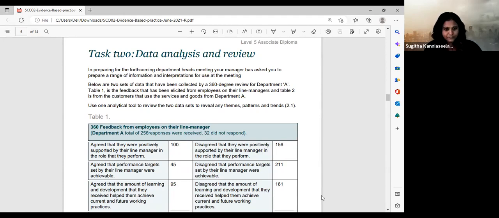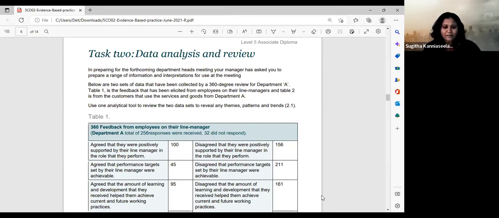Below are 2 sets of data that have been collected by a 360-degree review for Department A. Table 1 is the feedback that has been elicited from employees on their line manager. Table 2 is from the customers that use the goods from Department A. So all of these are about Department A.